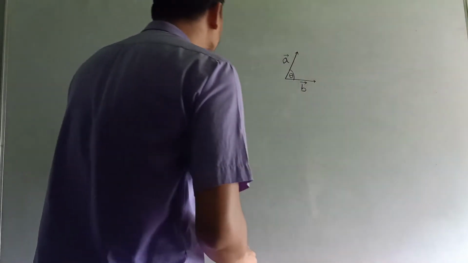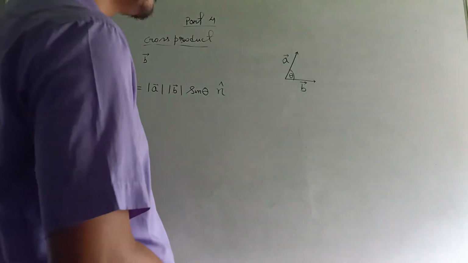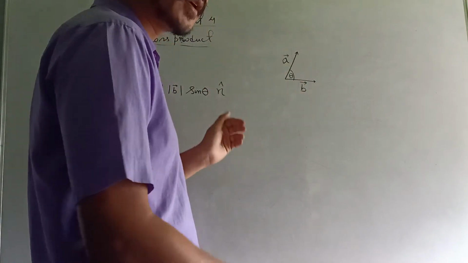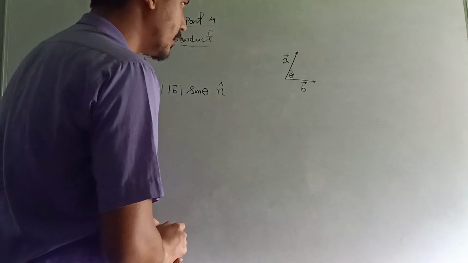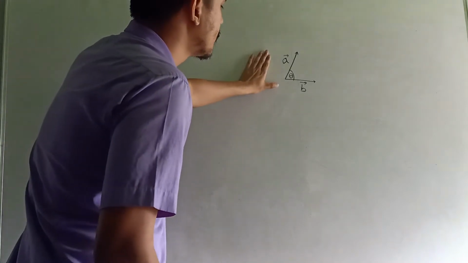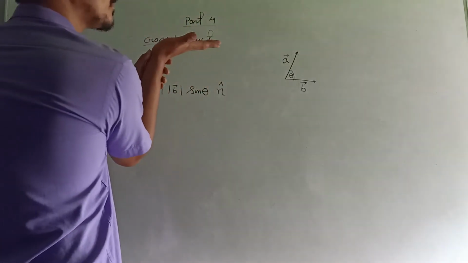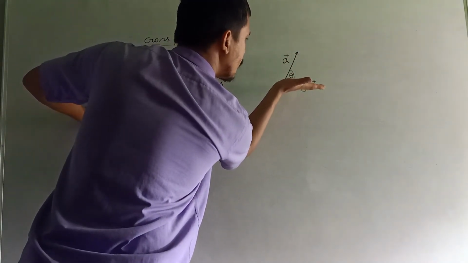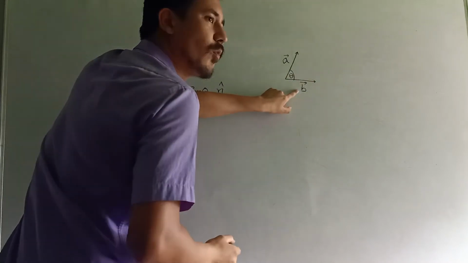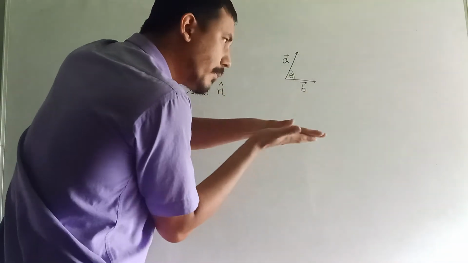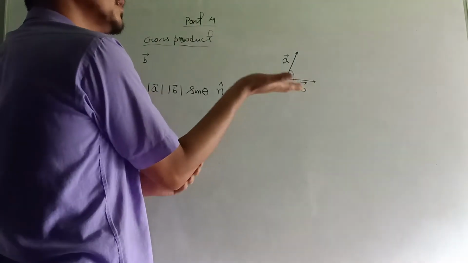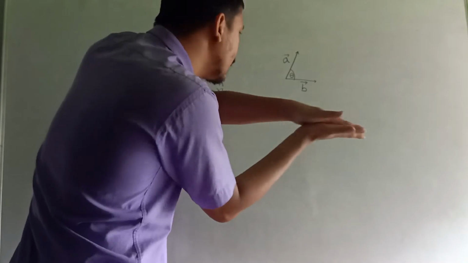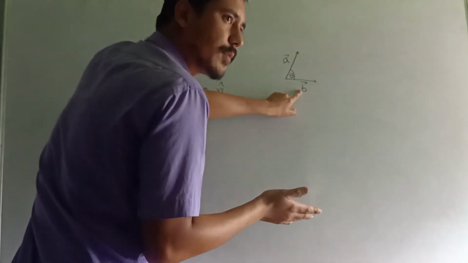Now, how to find out the direction of this A cross B? Very simple. There are two different vectors here, A and B, in different directions. You just put your hand on the plane containing one of the vectors. Your palm should be on a plane containing vector B, suppose.